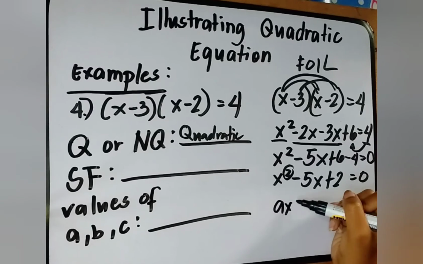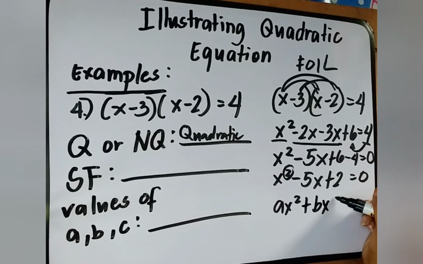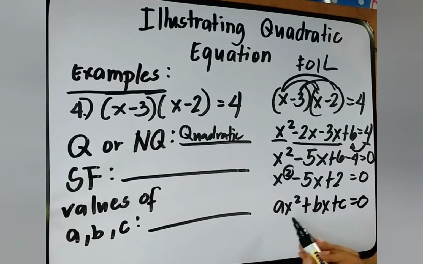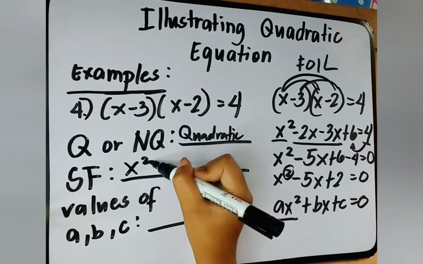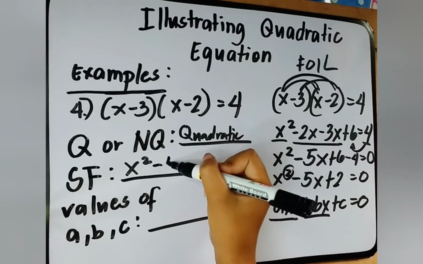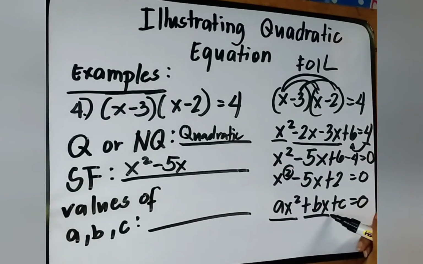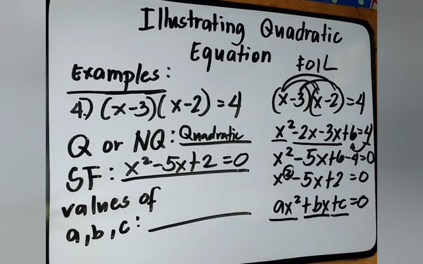And tandaan, ang standard form of a quadratic equation is ax squared plus bx plus c is equal to 0. Okay, so ang ating standard form is x squared minus 5x plus 2 is equal to 0.